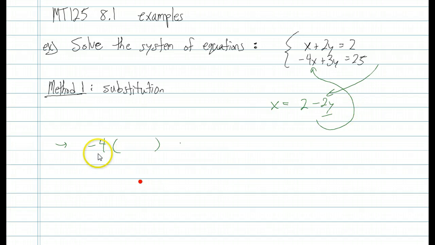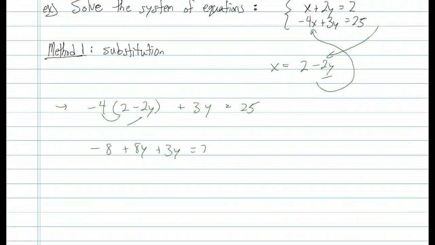So we get negative 4 times the quantity for x plus 3y equals 25. That's the second equation of our system. Now we're going to substitute in 2 minus 2y for x. That results in one equation with one unknown. To solve for y, we're going to distribute the negative 4 through to get negative 8 plus 8y plus 3y, and that equals 25.